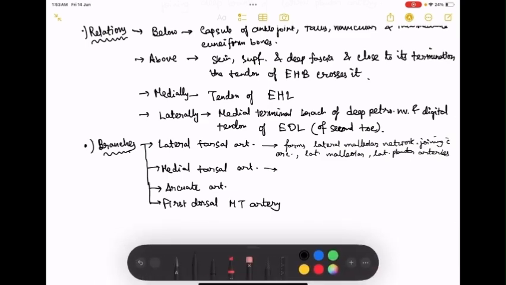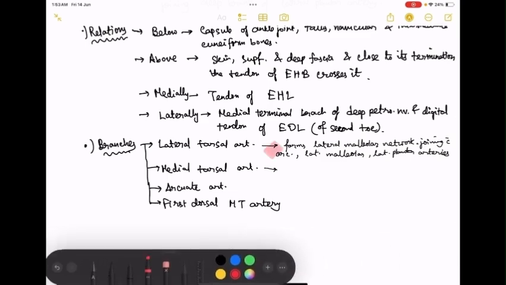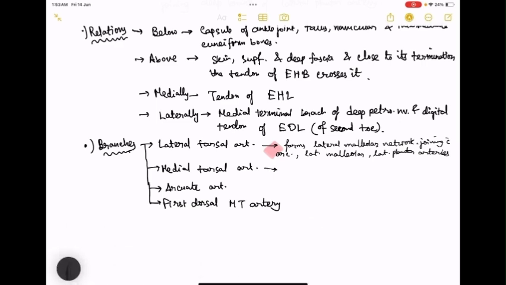Actually, all this information is extra, so I'm just writing it down in case you have extra time. It forms a medial malleolar network joining with the branch from anterior tibial, medial plantar, malleolar and calcaneal branches of posterior tibial artery.